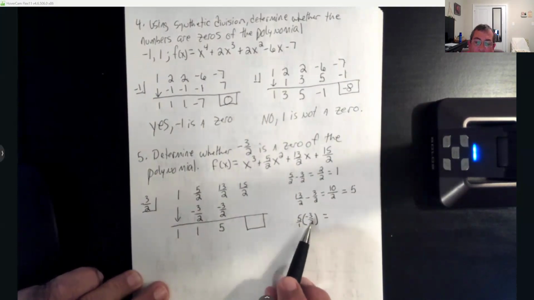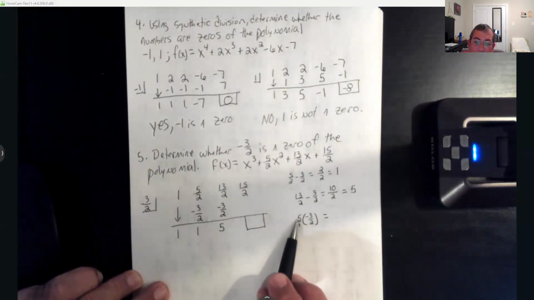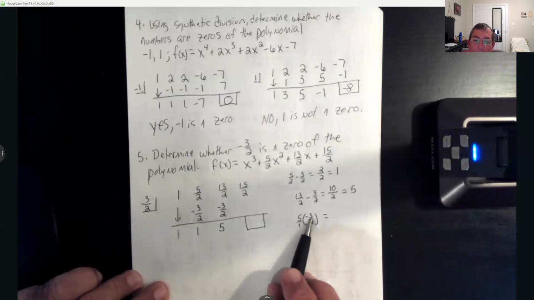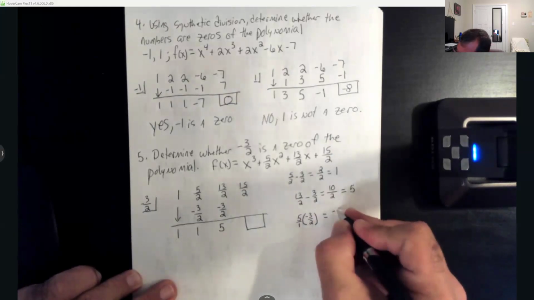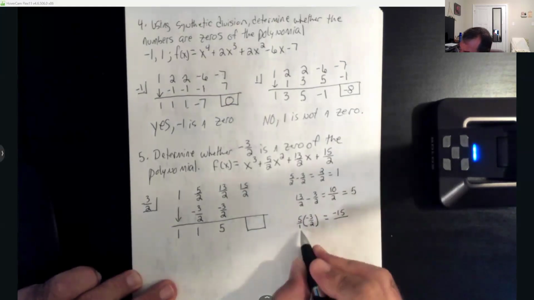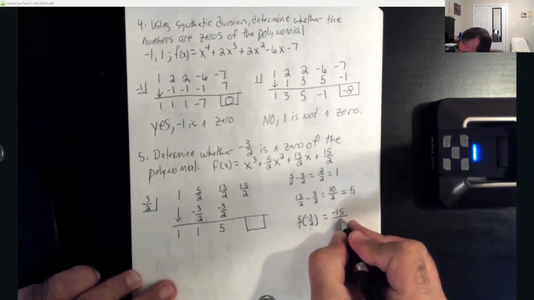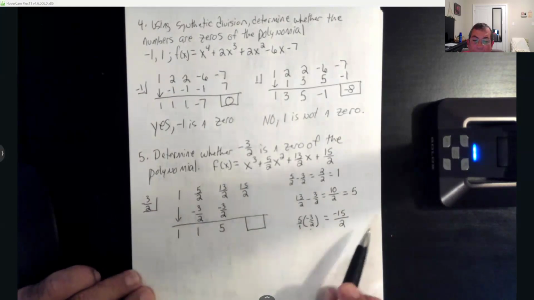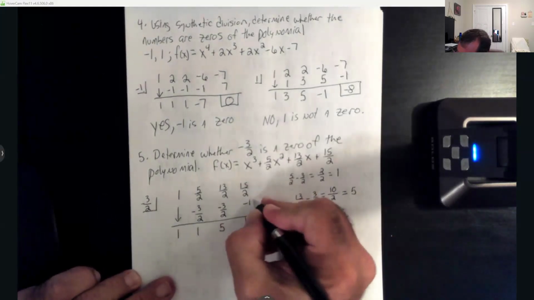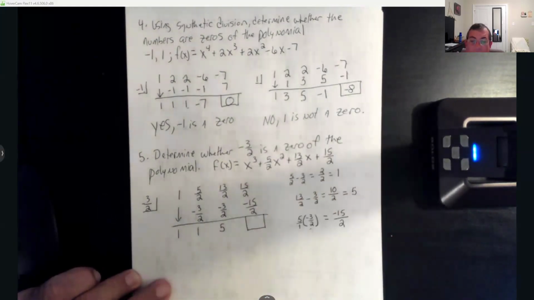Bottom times bottom. So if you got a single number here like a 5, it only multiplies by the top. Okay? So 5 times negative 3 gives me a negative 15. 1 times 2 is 2. So 5 times negative 3/2 gave me a negative 15/2.